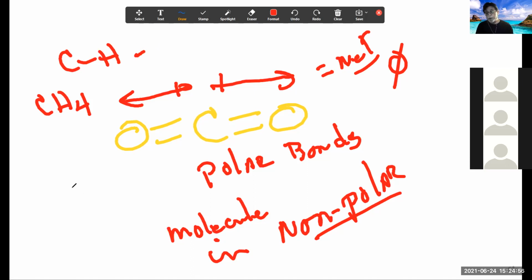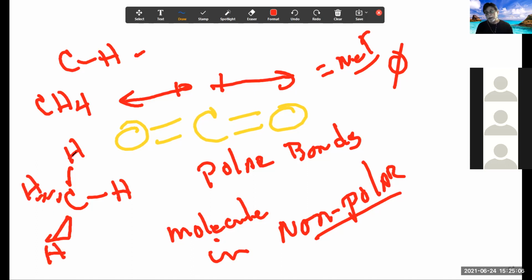When we write the structure for that, it is tetrahedral, so it would look something like this. And so all four bonds are nonpolar. All four bonds are nonpolar, so we have a nonpolar molecule.